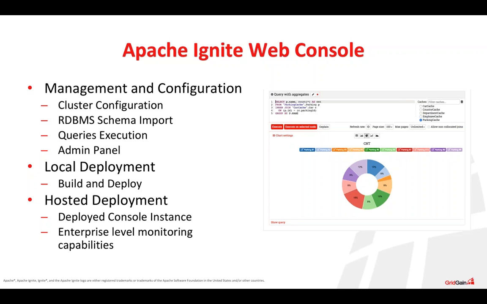After you configure your cluster and import a schema of your database with all of the indexes, you can download a ready-to-be-used project generated by Web Console. And that project will include all the configurations needed for you to start working with your cluster.